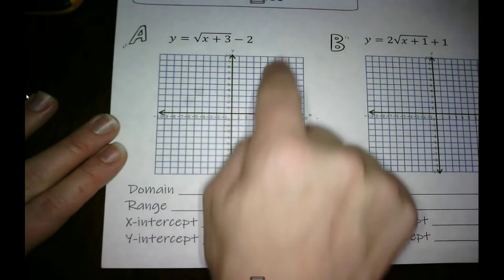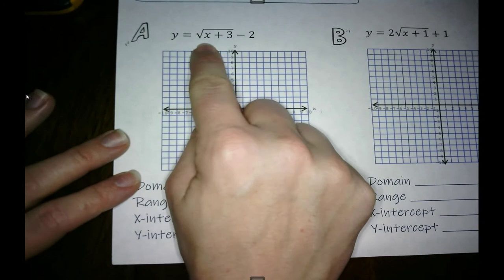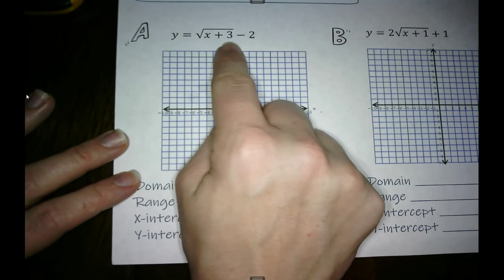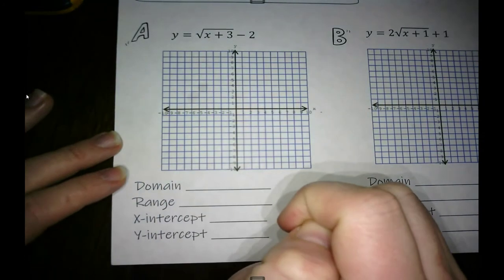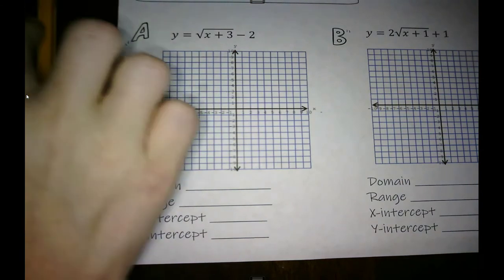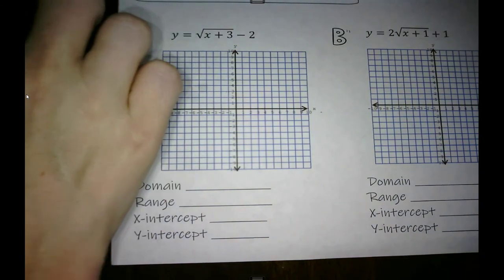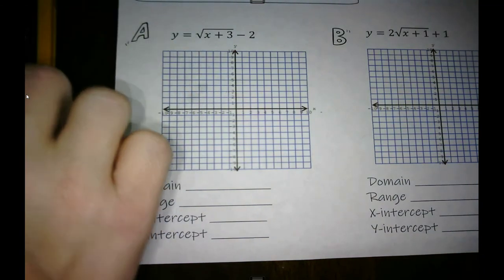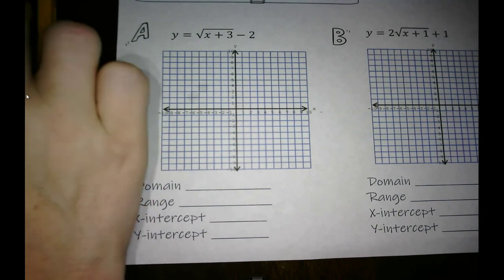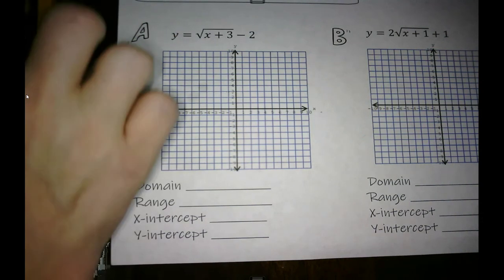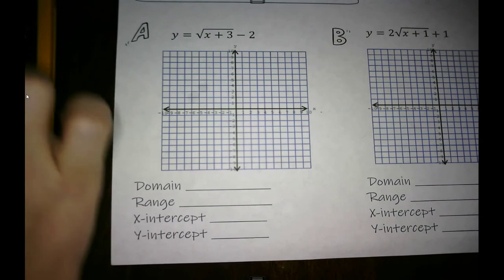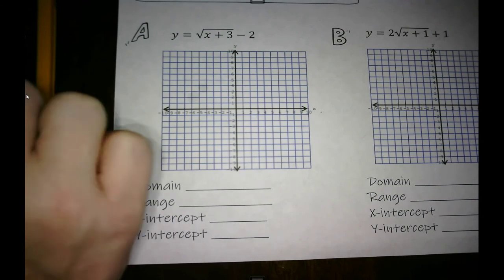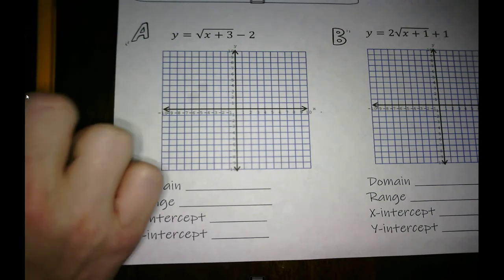Okay, let's look at some examples. y equals the square root of x plus 3, minus 2. So I can go ahead and put that into my calculator. Menu 3, 1, square root of x plus 3 minus 2.